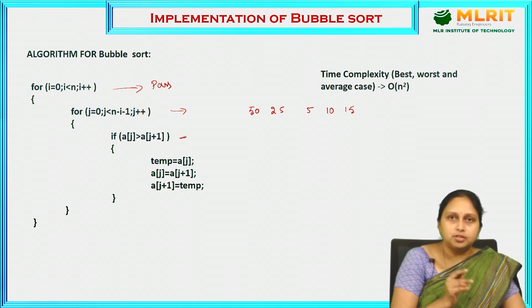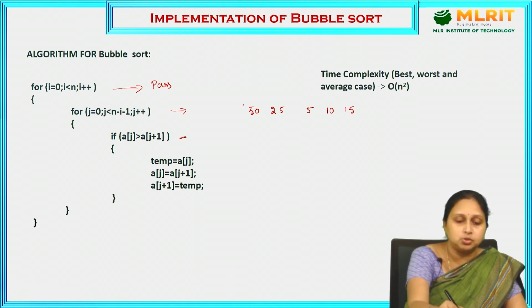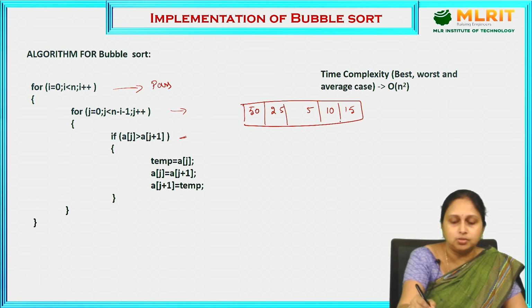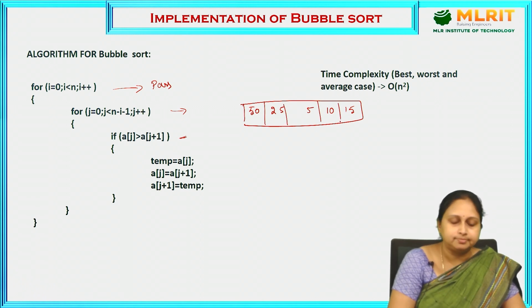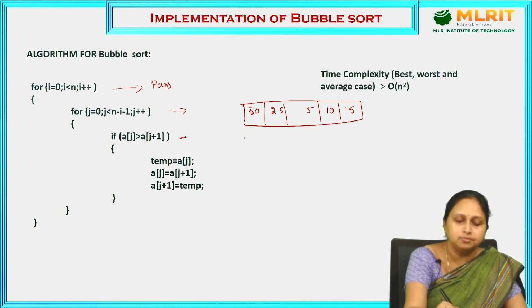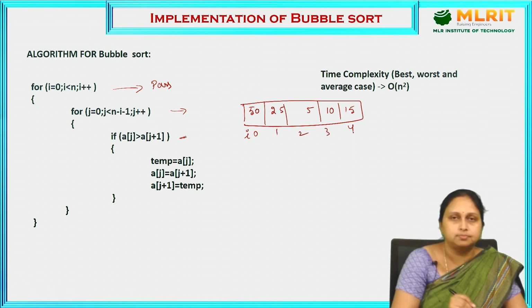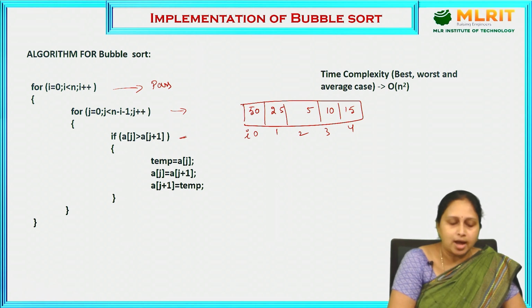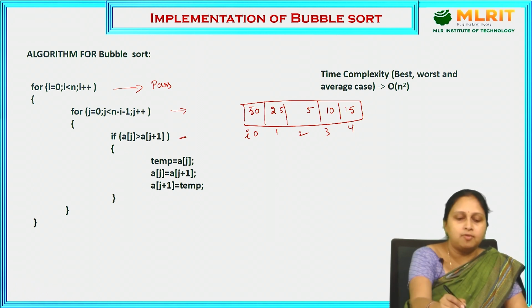For the first iteration, what happens? This is your array. Let us see how this algorithm is going to work. This is your i value: 0, 1, 2, 3 and 4. Now i starts from 0 and n value here is 5.